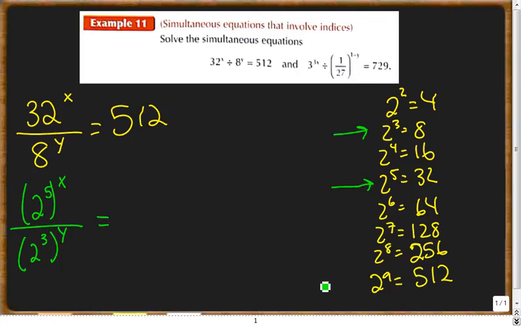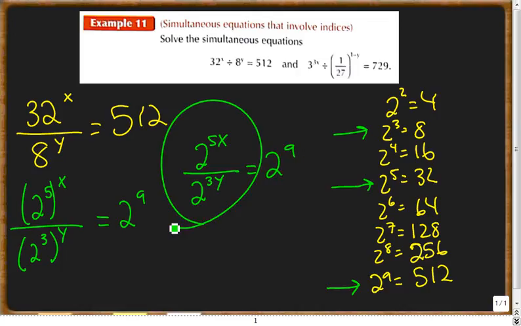And that equals 512, which is 2 to the ninth. Now that they all have the same base, I can break them down. This would be 2 to the 5x, if you remember our rules, and this would be 2 to the 3y, and that equals 2 to the ninth.